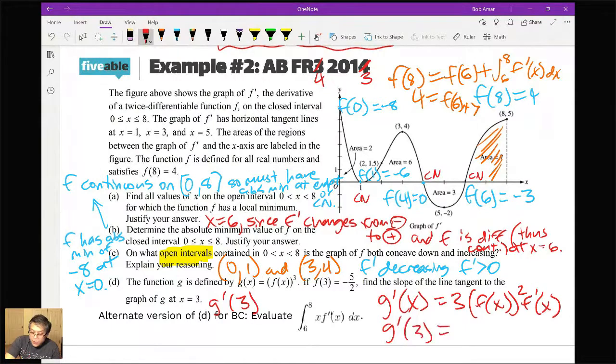is equal to 3 times f of 3 squared times f prime of 3. Okay, so I'm told that f of 3 is -5/2. Thank God, because if I didn't have that, I don't know how I would do this problem. Then f prime of 3, you're told, is 4.